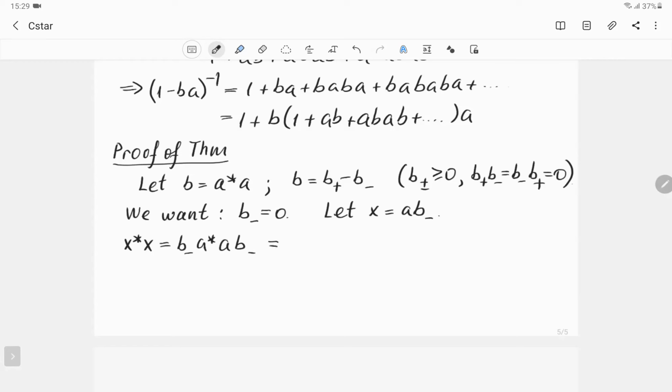So what is A star A? A star A is B, and B is B plus minus B minus. So this is B minus times B plus minus B minus, and again times B minus. Now, since the product of B plus and B minus is 0, we see that this is just minus B minus cubed. And this implies that the element minus X star X is positive, because it is equal to B minus cubed.